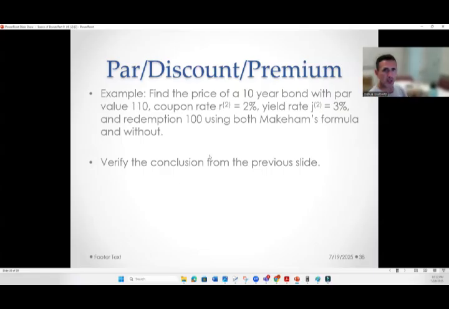Okay, so as a sanity check, let's find the price of this 10-year bond using both Makeham's formula and the basic formula, and check that it works out, and verify the conclusion from the previous slide.